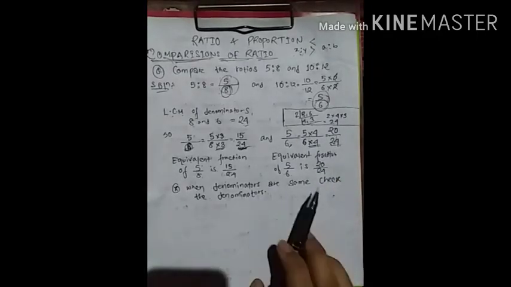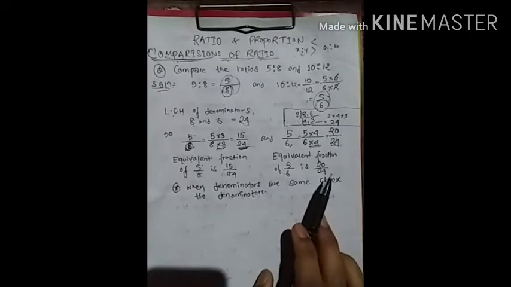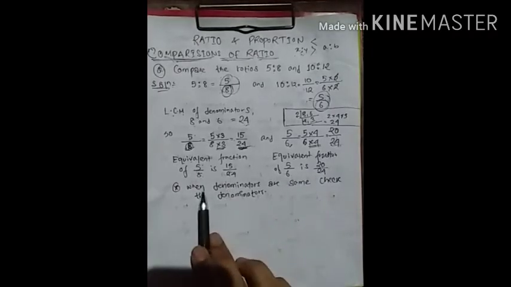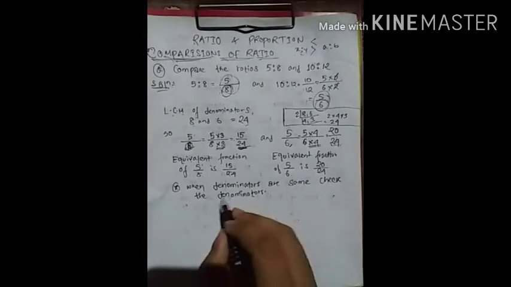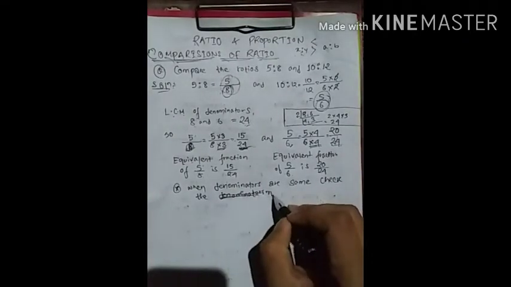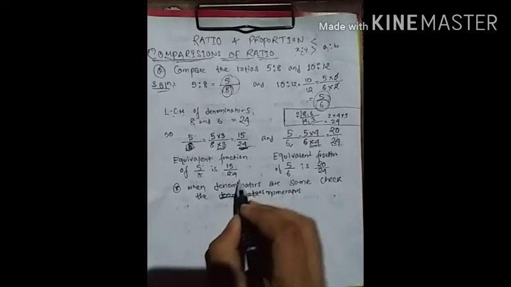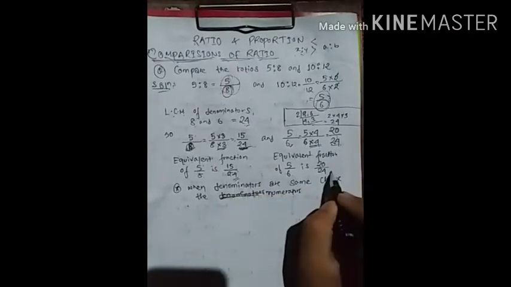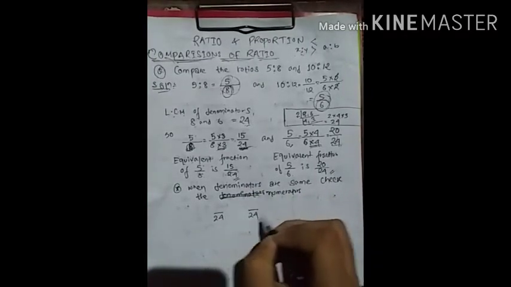Now to compare, that means we have to tell which one is larger and which one is smaller. When denominators are the same, we have to check the numerators. Here in both cases the denominators are the same.